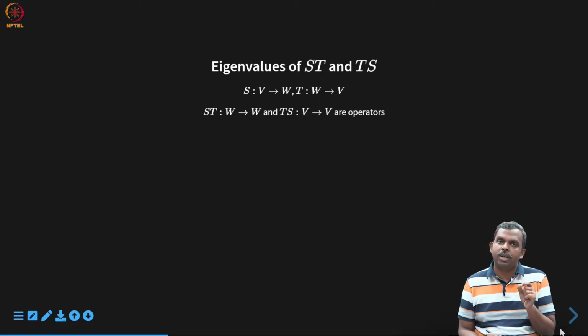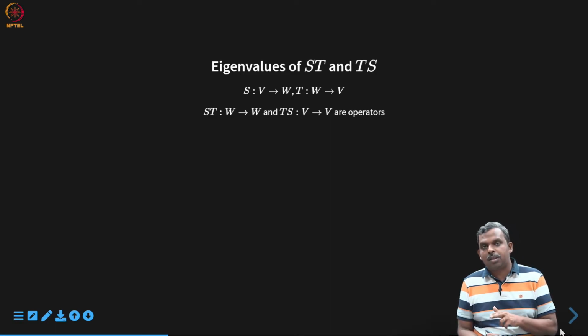Anytime you have an operator, you can start thinking of eigenvalues for it. It simplifies the description of the operator. Otherwise, when you have a linear map S from V to W, and V and W are different, you are not able to associate an eigenvalue with it. So we went to operators for that. Now if there is a map from W to V, and maybe it's connected to S, then for the product of those two, both ways, we can associate eigenvalues.